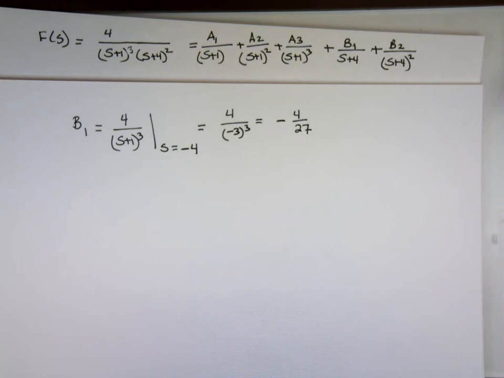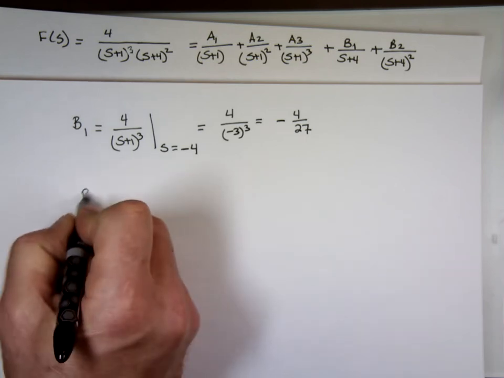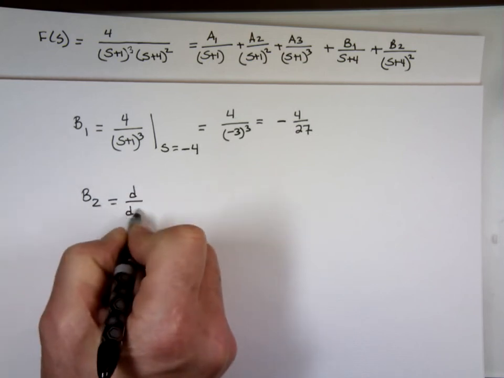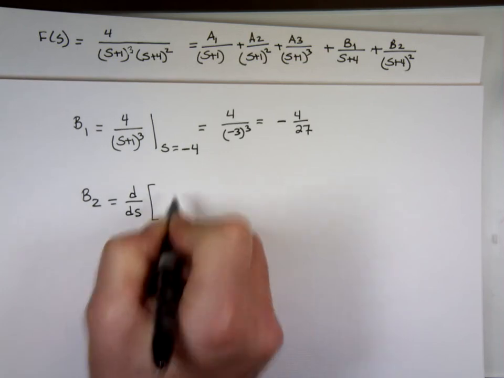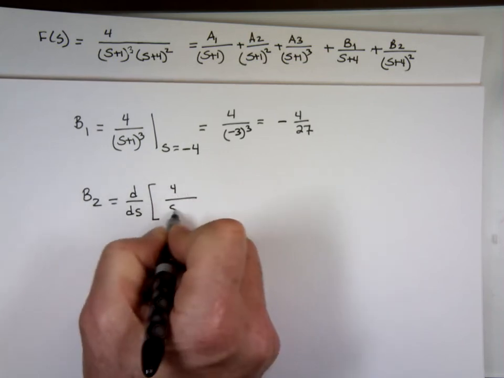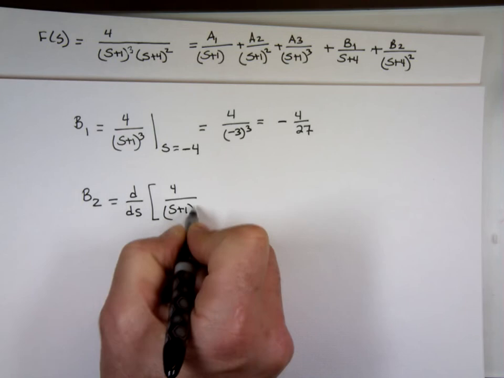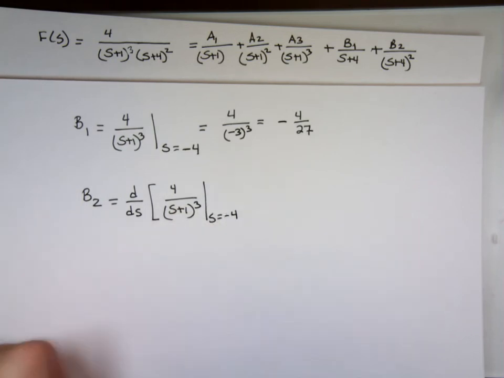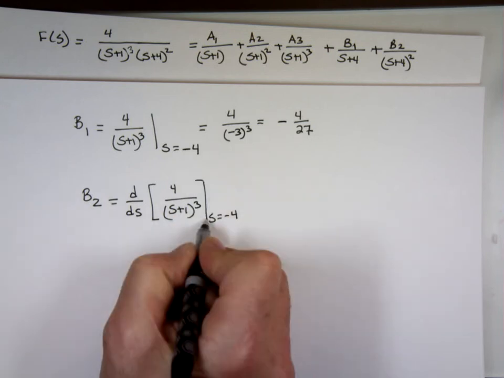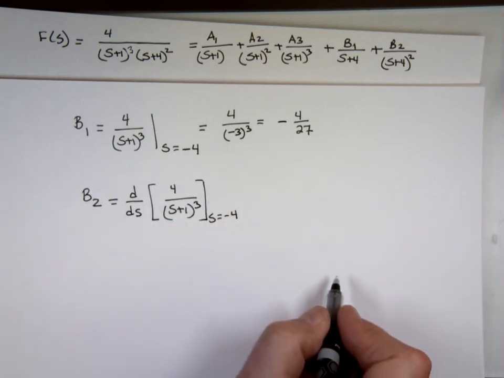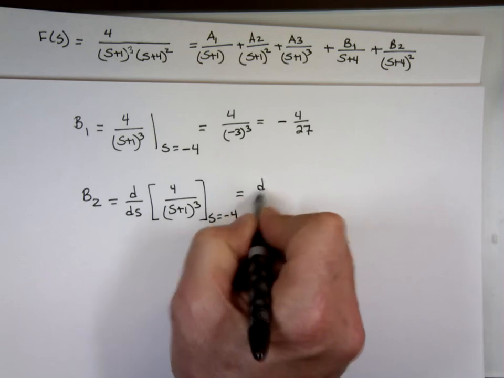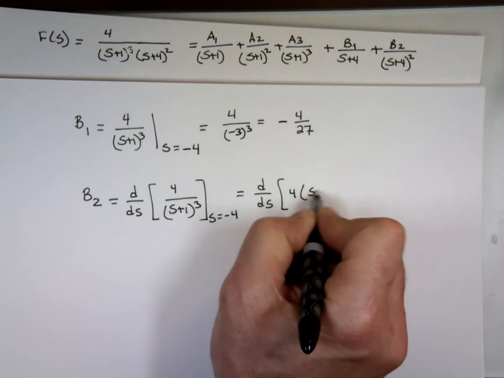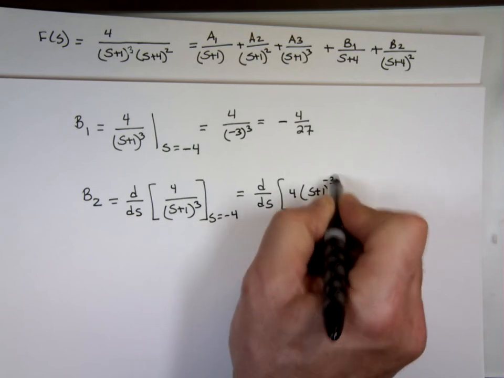And B2, and I'm done. It's the derivative of 4 over (s plus 1) to the third when s equals negative 4. I can write that as the derivative of 4 times (s plus 1) to the negative 3 when s equals negative 4.